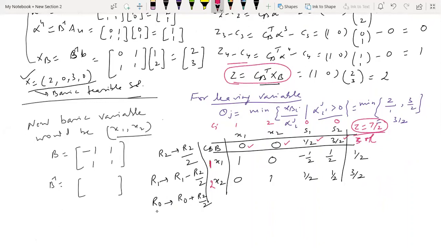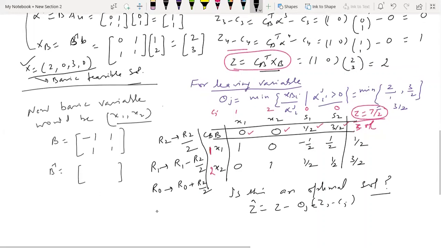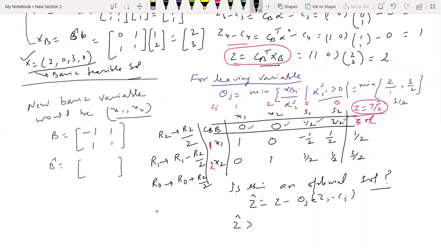Now the next question is, is this value optimal? Is this an optimal solution? We saw the formula that z hat is equal to z minus theta j into Zj minus Cj. We have observed that z hat will be more than z if and only if Zj minus Cj is strictly less than 0.